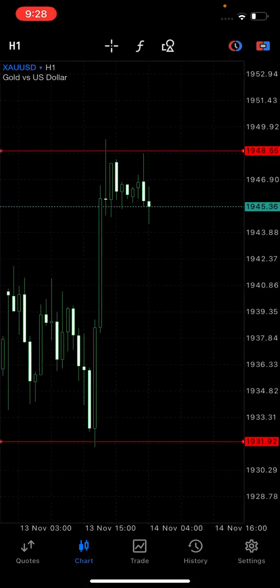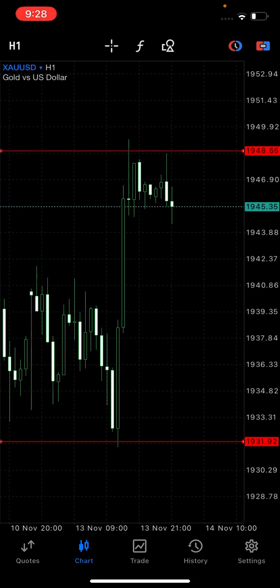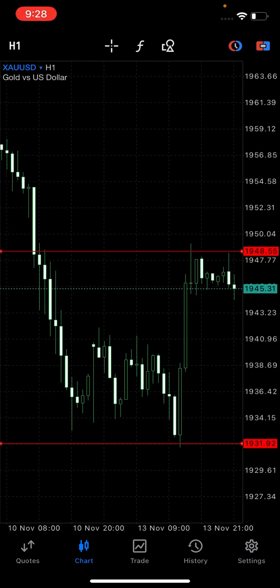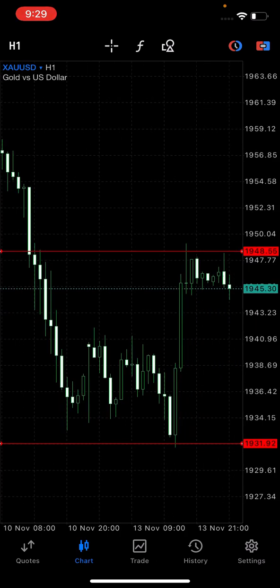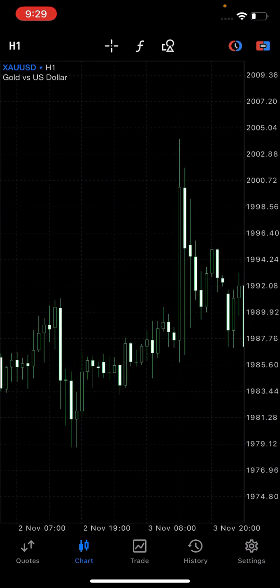Basically, wicks just indicate which direction the market could possibly go, and if you see a pattern, like a good few wicks here, you could probably predict that it's going to be an uptrend. Doesn't mean that it always occurs that way. So let me give you guys another example.